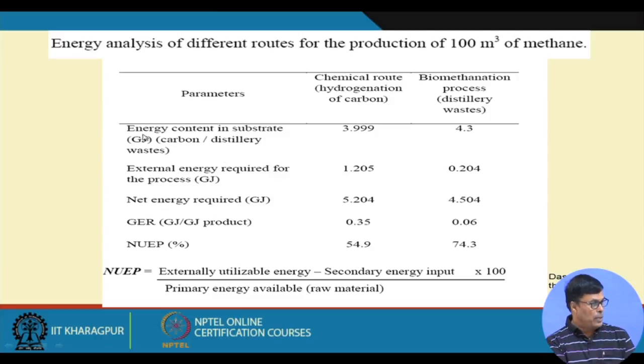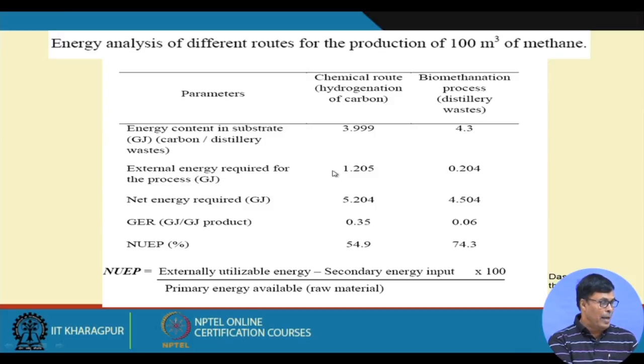This is very interesting. The energy content of the substrate in the form of carbon, in case of coal, is 3.999 gigajoule, and in case of the biomethanation process, in the form of distillery effluent, it is 4.3.